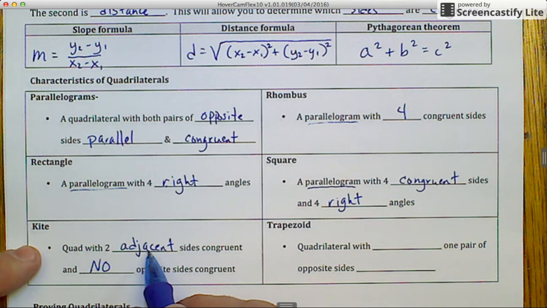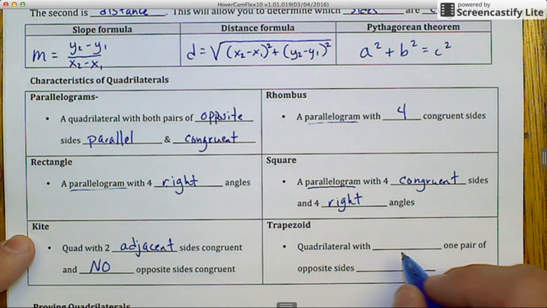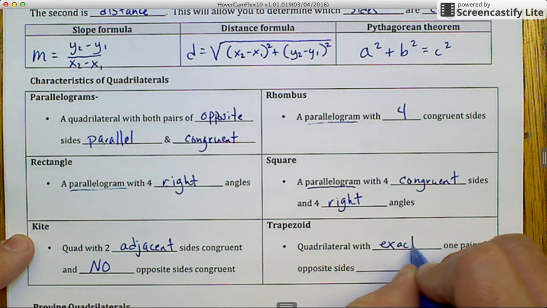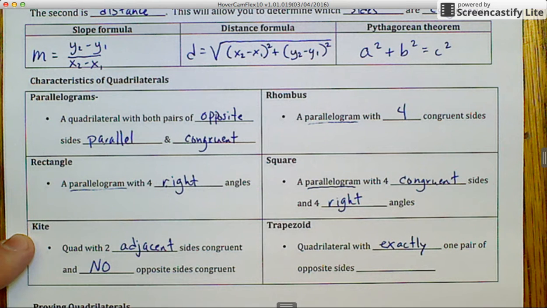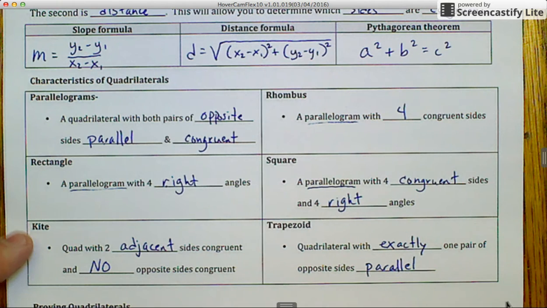So it has to have 2 sides that are congruent and the opposite sides cannot be. A trapezoid, again, quadrilateral, not part of the parallelogram family. So it's just a quadrilateral with exactly 1 pair of opposite sides parallel. Meaning it has only 1 pair of opposite sides parallel. It does not have the other.